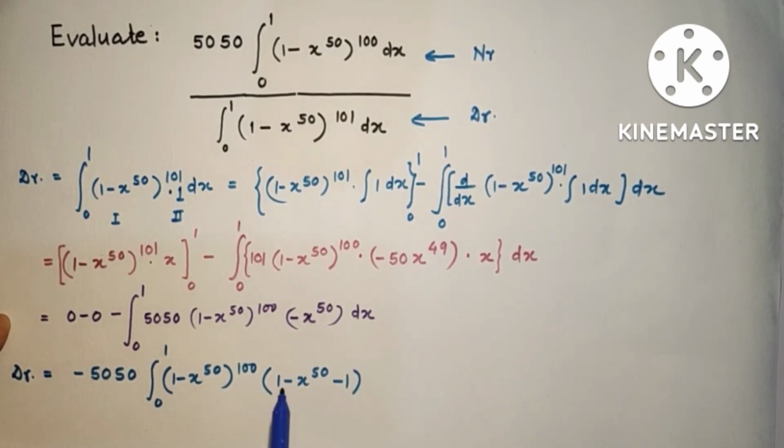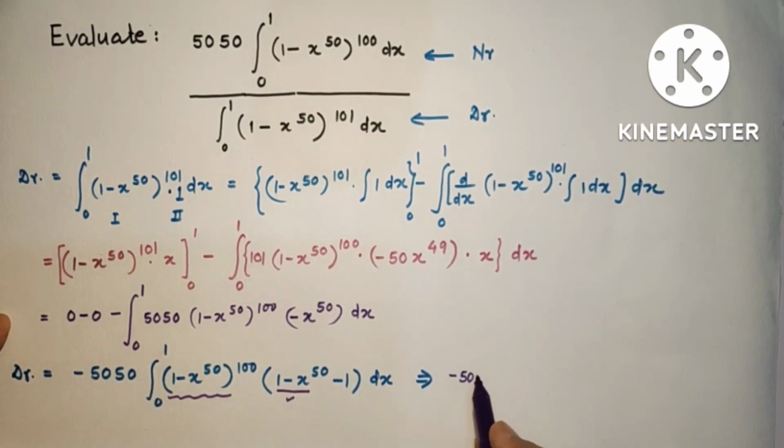If we simplify, then this 1 and this minus 1 will get cancelled and it remains the same thing. If we multiply this 100 into this thing, and this thing into this minus 1, we will get minus 50, 50.